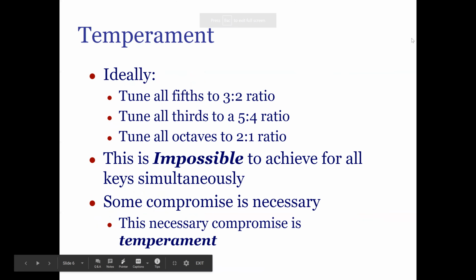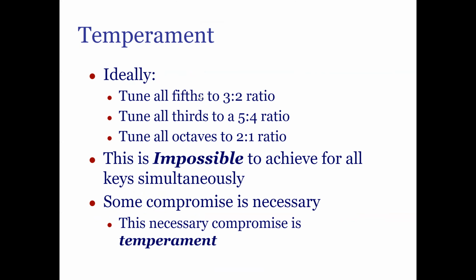Okay, so temperament. If we were to build a perfect musical range of tones in terms of Western music, we would tune all our fifths to a perfect 3-to-2 ratio, all thirds to a perfect 5-to-4 ratio, and all octaves to a 2-to-1 ratio. But it turns out mathematically this is impossible to do. We always want to preserve octaves over every other interval.